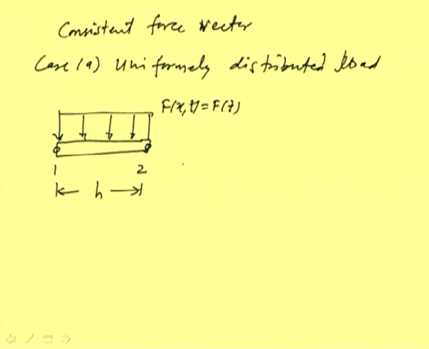Now the external load vector can be written as integration 0 to H of F times N dx, because now it is constant. This is coming from the previous equation of motion of the element, and because this is a constant term, it will go out.